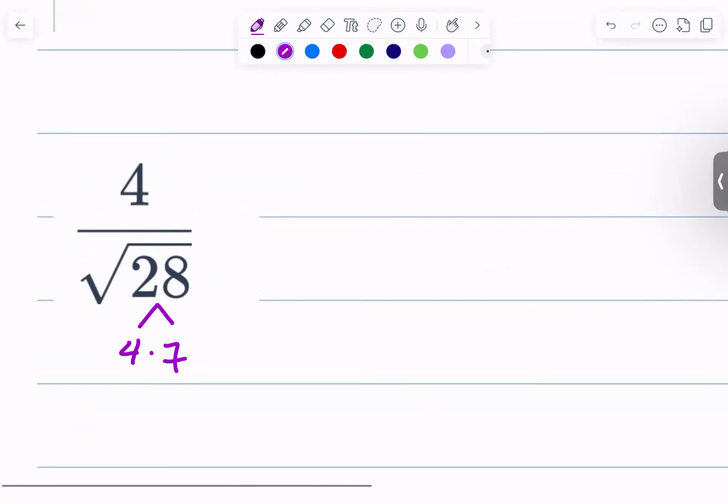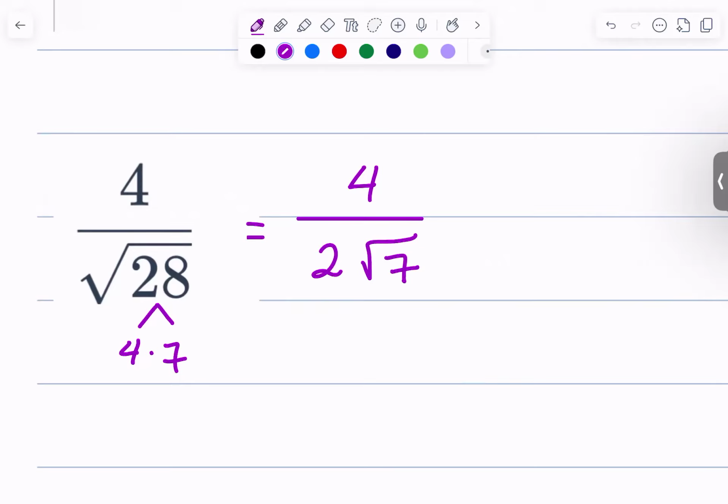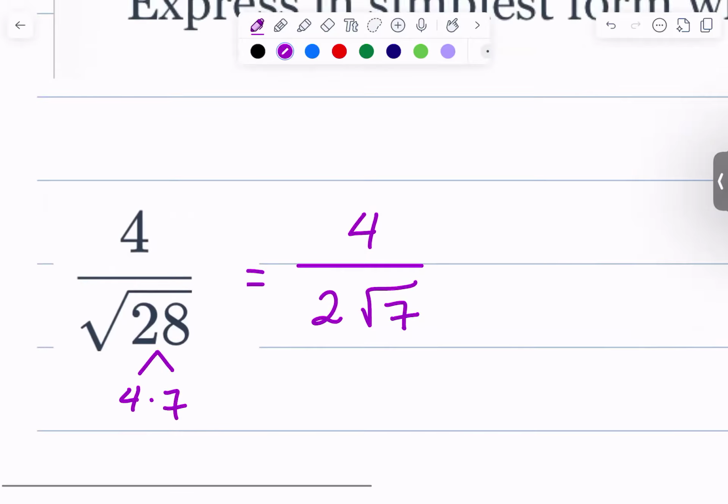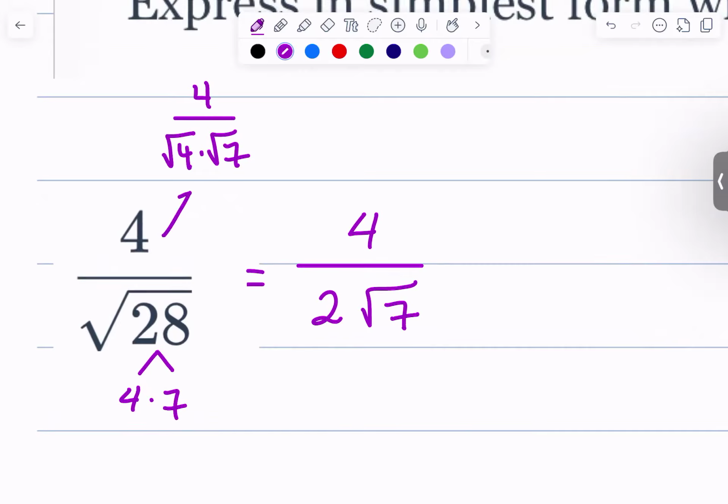Now, class, since we've done like 5 examples of this, can we all follow that this will be 2 square root of 7? Yeah. Okay, if not, the sub-step would be the square root of 4 times the square root of 7, which the square root of 4 is 2. That's how I went from the second step to the third step.